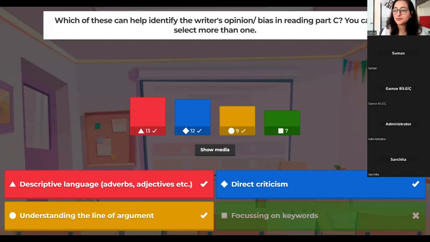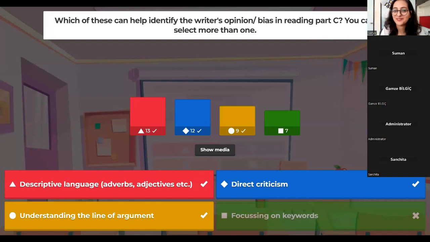So focusing on keywords is something that we shouldn't really be doing. Descriptive language, yes, that helps you identify the writer's opinion and attitude. Direct criticism, when directly the writer is trying to say something about others, that government should not do this. It's a very direct criticism. Understanding the line of argument is absolutely needed, but focusing on keywords, I meant keywords in the paragraph. So no, that is more for part A. So it's the red, blue, and yellow. That would be the right answer.